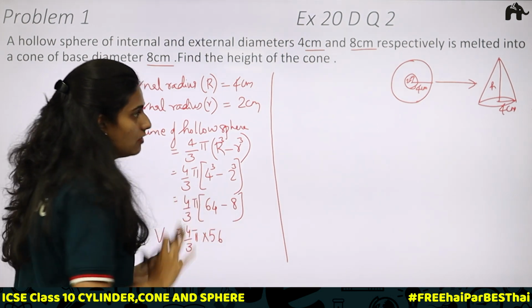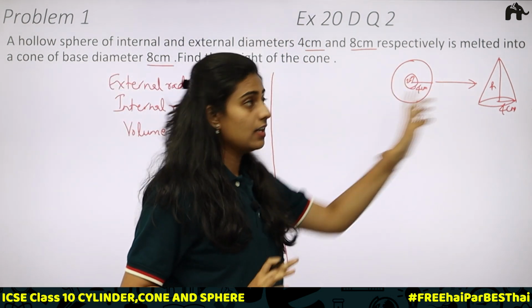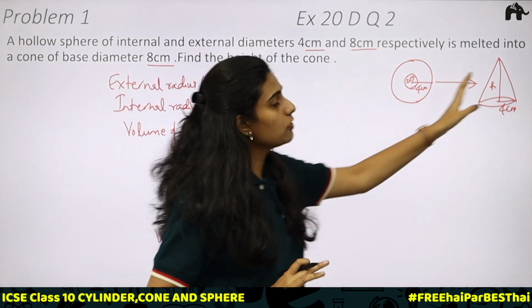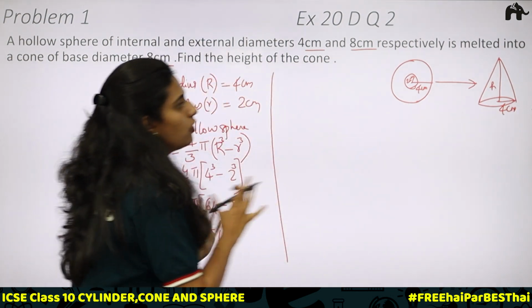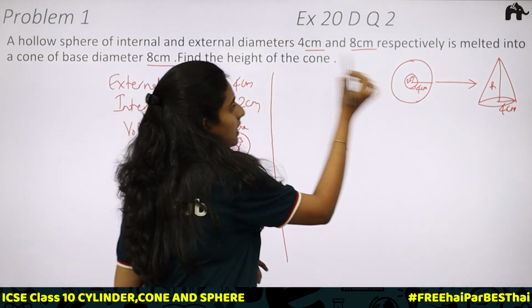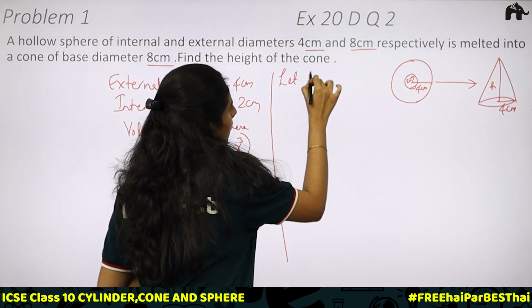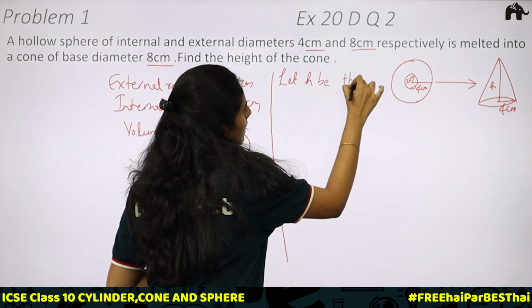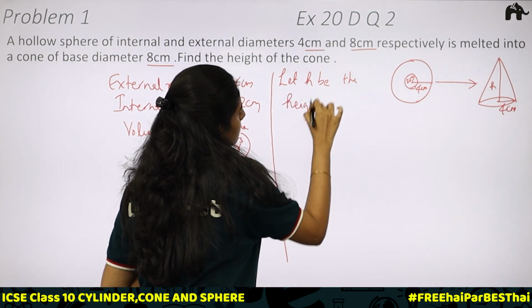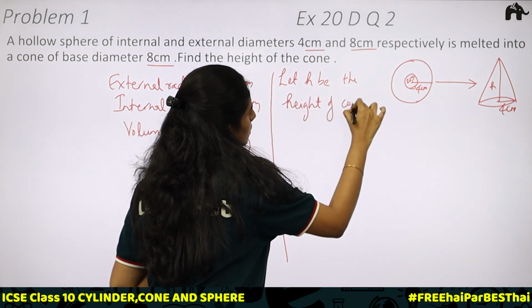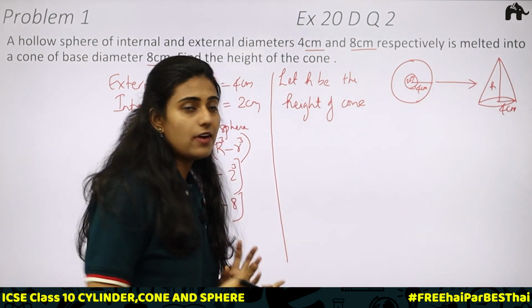Now, this is converted into a cone, which means the volume of the cone will be equal to the volume of the hollow sphere. Let us find the volume of the cone. Let H be the height of the cone. We don't know what the height is and we need to find it.